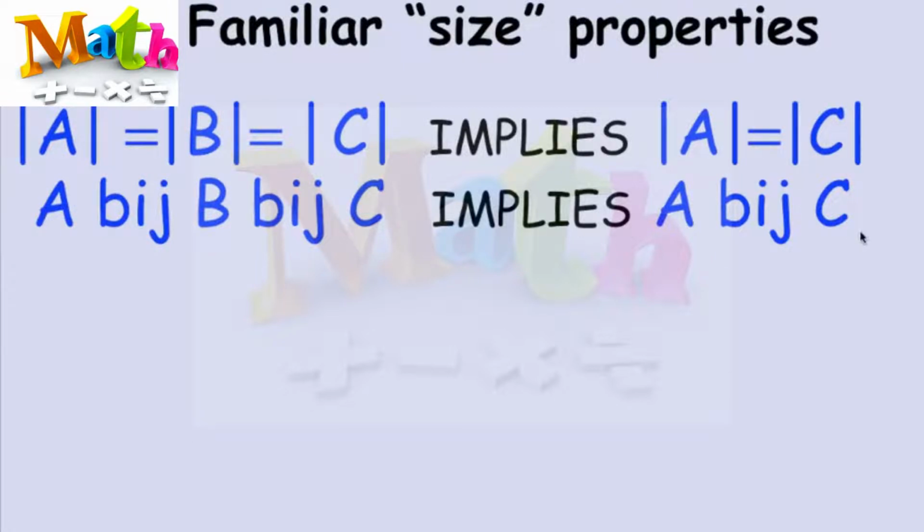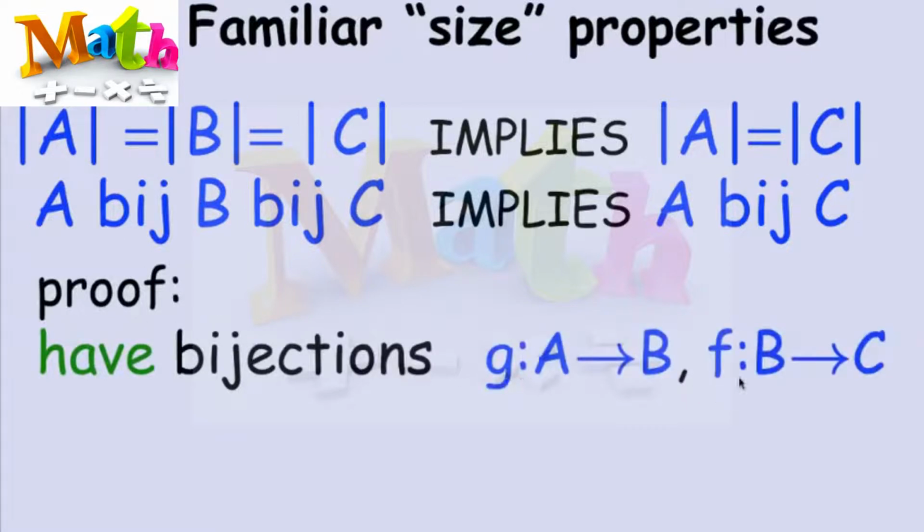Well, how do you prove that? Well, it's true, and here's how. By definition, since A bij B, that means that you have a bijection G from A to B. And since B bij C, you have a bijection F from B to C. Now I need, from these two bijections that I'm given, to find a bijection between A and C. Well, that's easy.